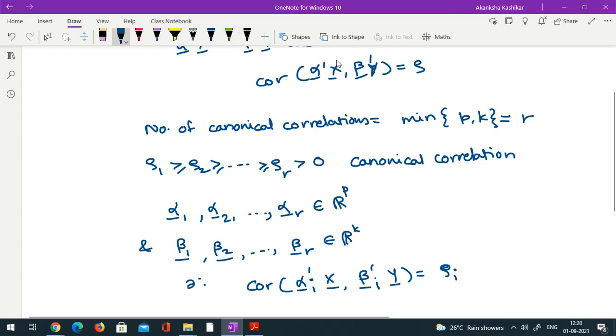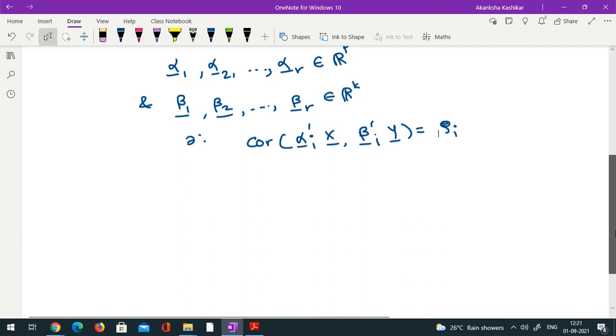We need to study a couple more properties of canonical variates. Let me write those down. So we saw that we did derive the formula for alpha and beta, I think. Do you remember what it was?